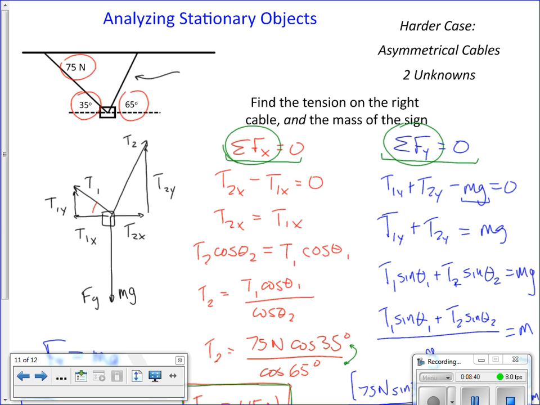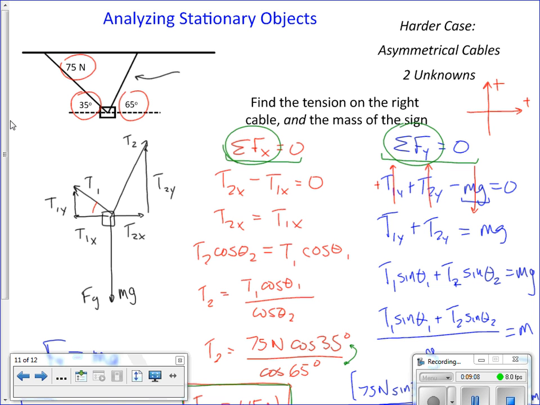You've got to, for sure, by now understand why we write forces as positive or negative in our net force statements. We use a standard convention that says up is a positive y direction, right is a positive x direction. So you'll notice, for example, that T1y is upward, T2y is upward, mg is downward.